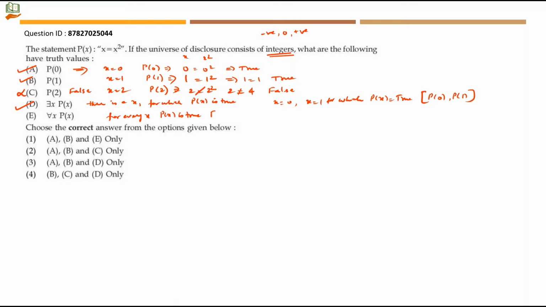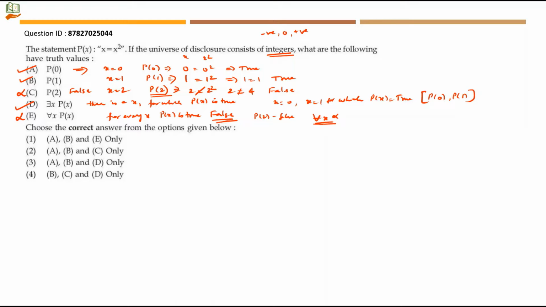This is the statement and it is absolutely false, because for every x means you have to include negative numbers, 0 and positive numbers. But when we checked P of 2, that itself is false. When P of 2 is false, we can say it is not applicable for all integer x. So this states that E is false.